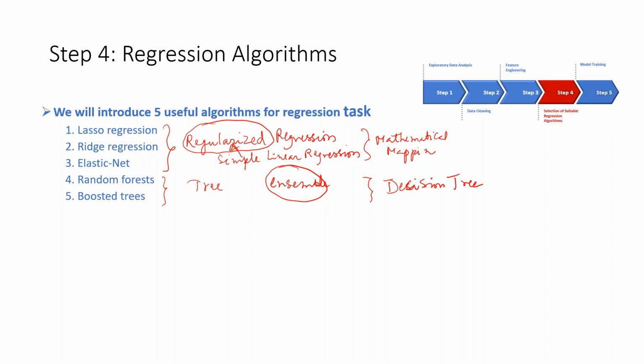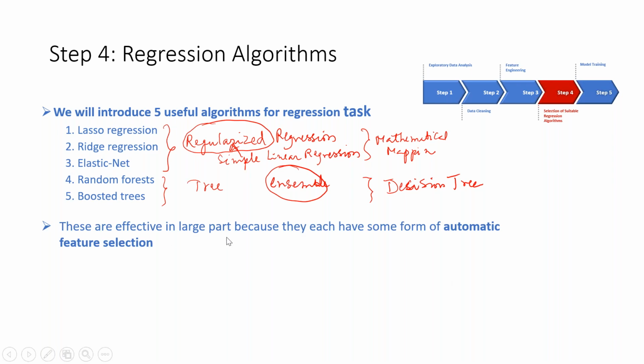Yes, sir. Okay, so these are effective in large part because they each have some form of automatic feature selection. Yesterday I was talking to you, when you have a lot of features in your data set, as the number of features increase, meaning the dimensions are increasing, models will become more overfitted.